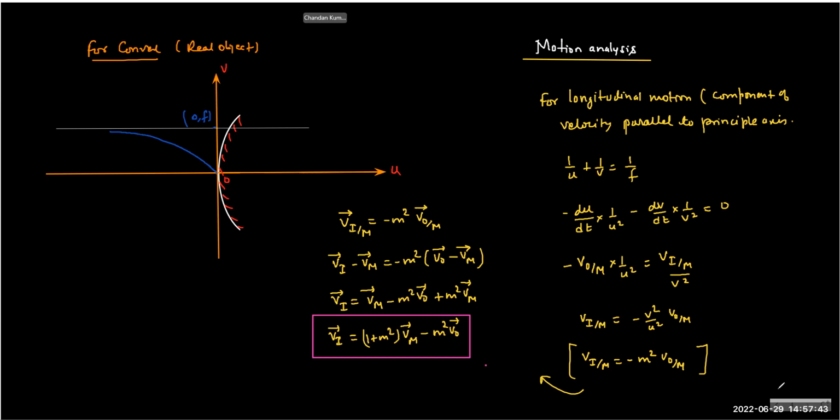Now the answer that we have just got is only for the component parallel to the principal axis. So we haven't got the net value.